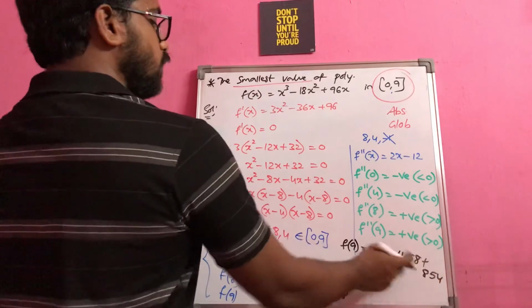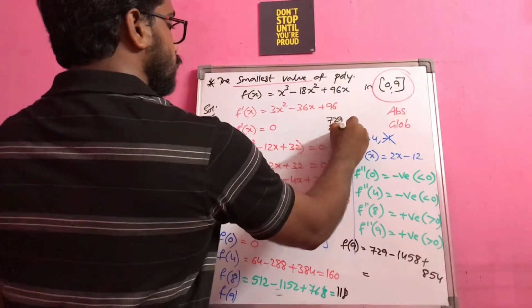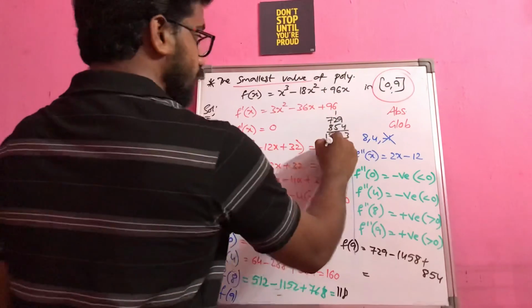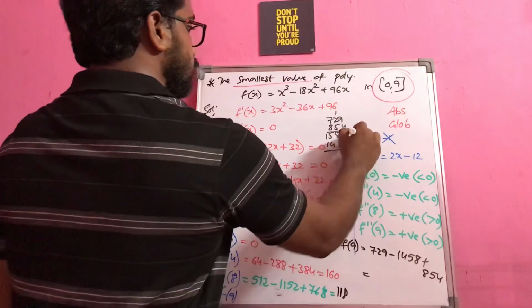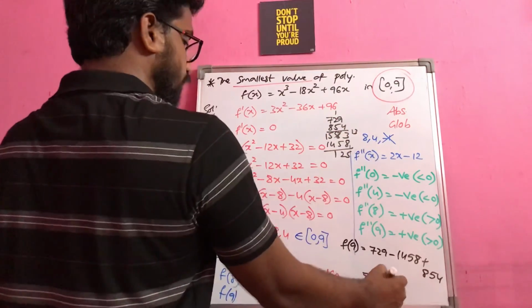Here if you observe, this itself will give us 729 plus 864, which is 1593. 1593 minus 1458 is 135.